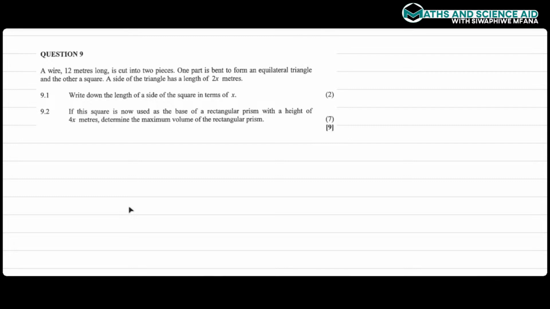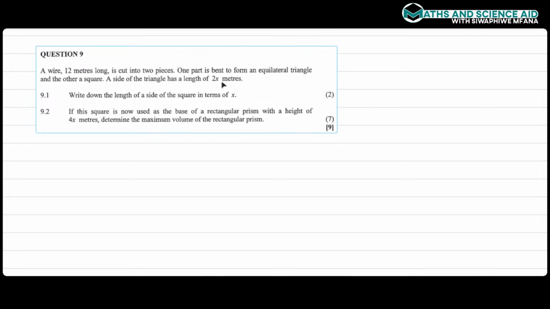One part is bent to form an equilateral triangle, and the other a square. And they said a side of the triangle has a length of 2x meters.